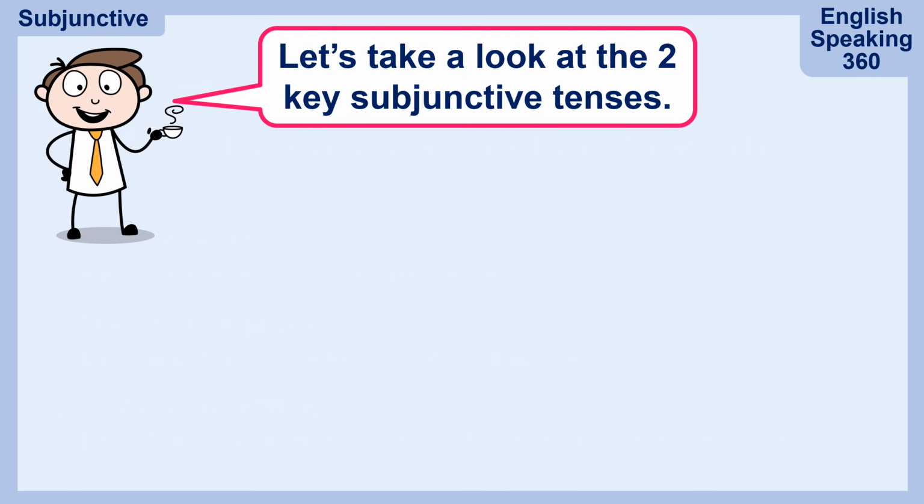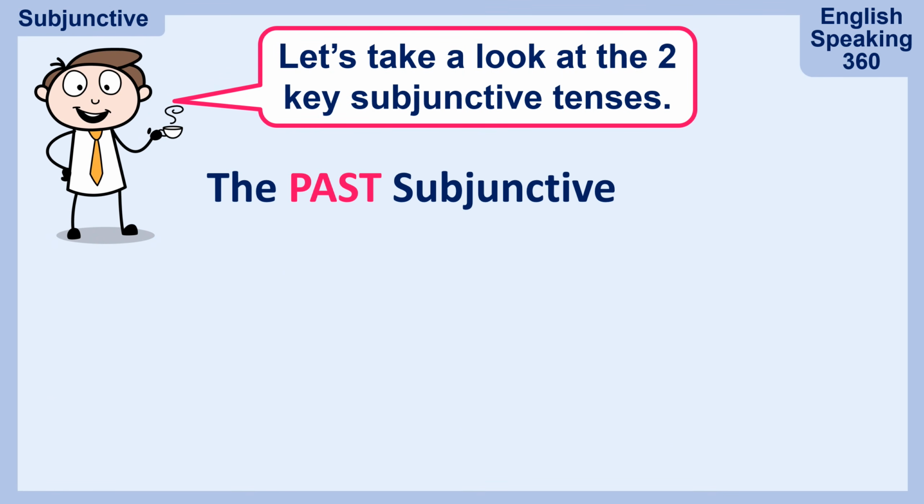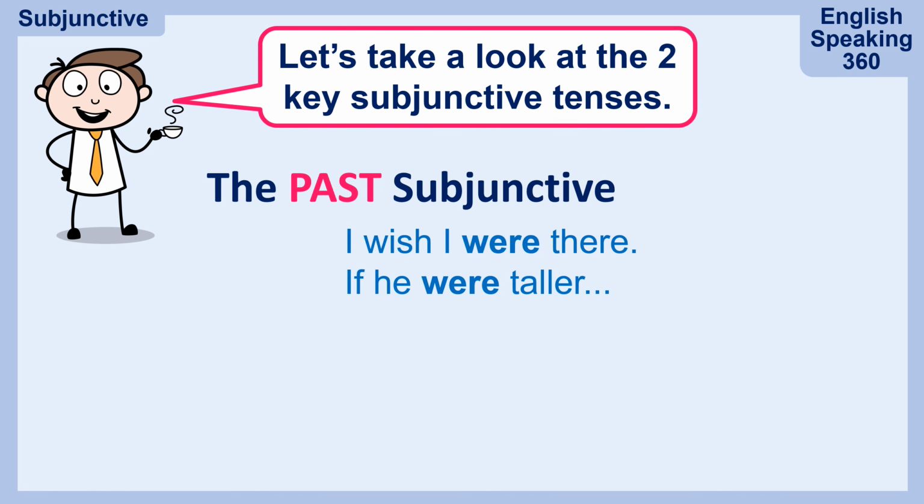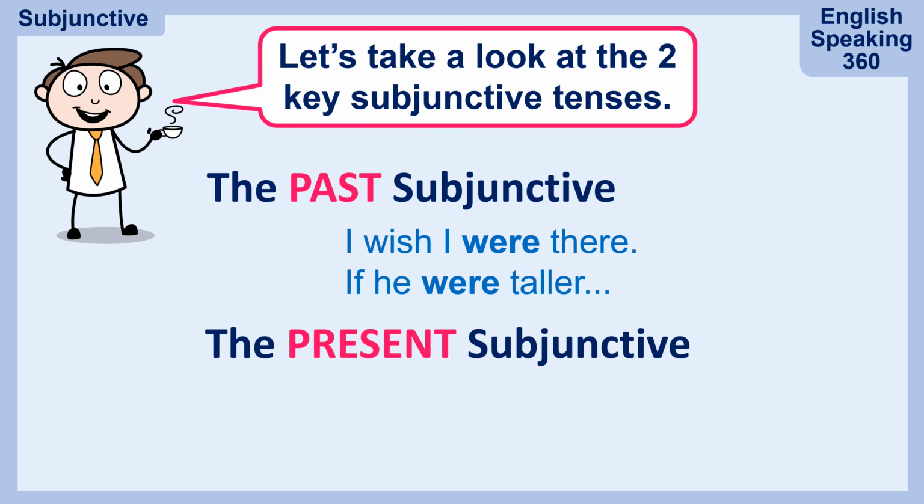Let's take a look at the two key subjunctive tenses. The first one that we're going to study today is the past subjunctive because it is the one that is the most common. For example, I wish I were there, or if he were taller, he would be a basketball player. The present subjunctive is a little bit less common.